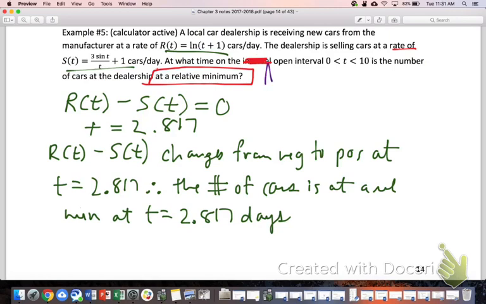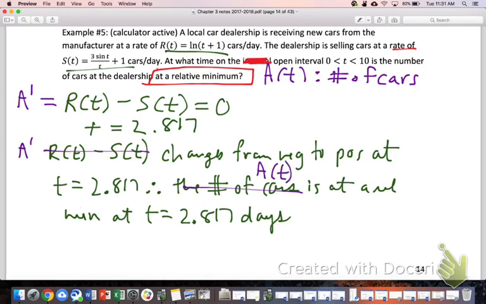So we could say A of t is the number of cars at the dealership. So if that were the case, then wouldn't we say that A prime equals R minus S? And then if you did it that way, then instead of this, you could say A prime, and then you could say, therefore, A of t is at a relative min, right?